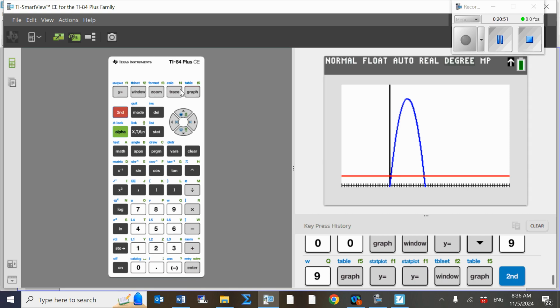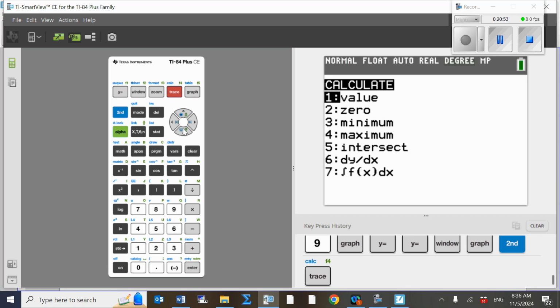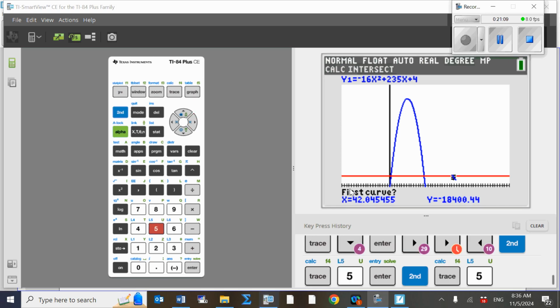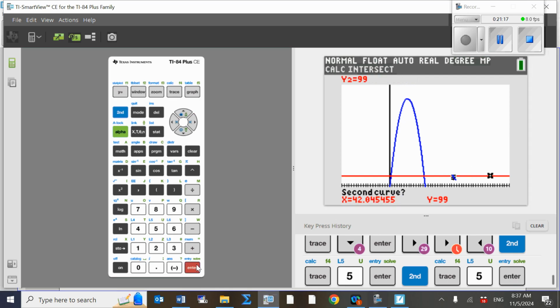So I go second, trace, and go to intersect, which is number 5, enter. Now it's asking, what is your first curve? I need to see where's my cursor. Okay, so it's asking, where's your first curve? I just press enter, and the curve is here. And then it's asking, where's your second curve?